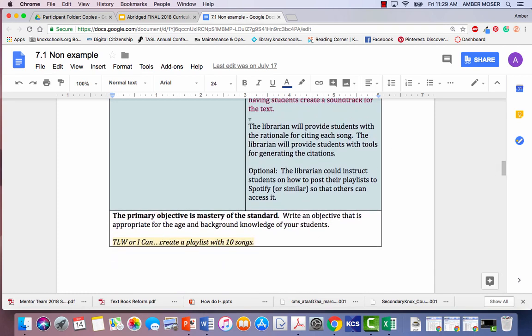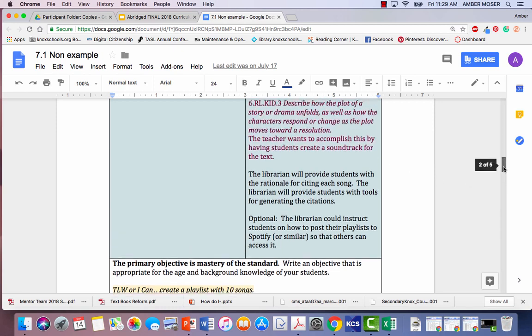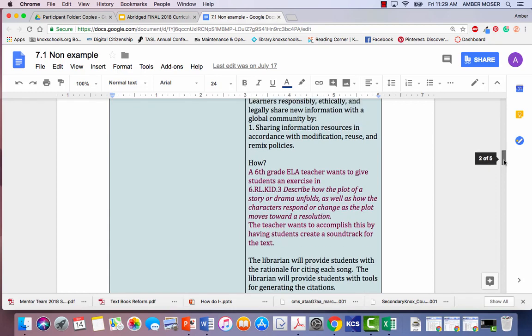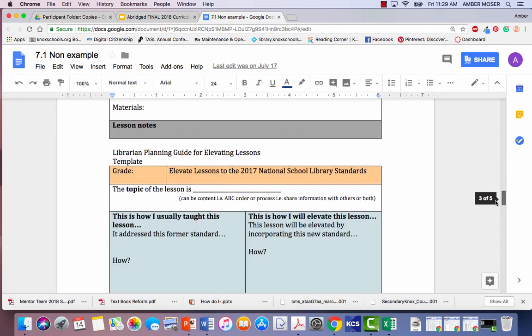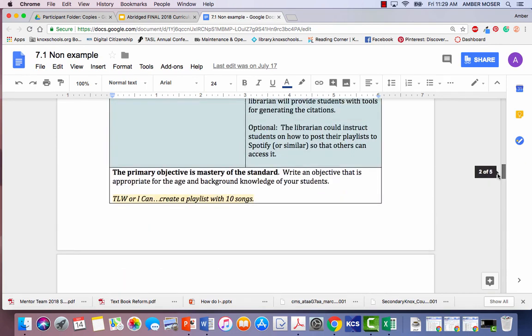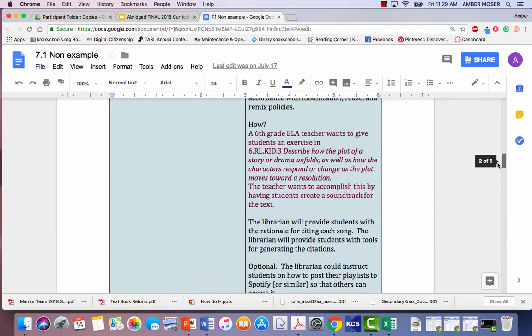So my idea to contribute to this lesson is that the librarian will provide students with the rationale for citing each song, and then the librarian would provide students with the tools for generating those citations. Now, let's go back up here and look at our standard again.